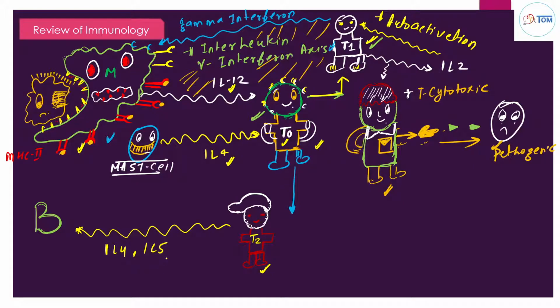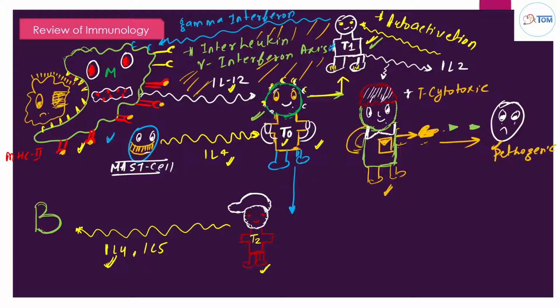When we talk about antibodies in detail, at that time we'll talk about class switching and see how these interleukins actually help. But you can realize one thing: if this T helper 2 cell is releasing interleukin 4, then this interleukin 4 is also acting on the T0 cell. So the T0 cell receives IL-12 from macrophage, and IL-4 from two sources: from mast cell and basophil, and from the T helper 2 cell itself.